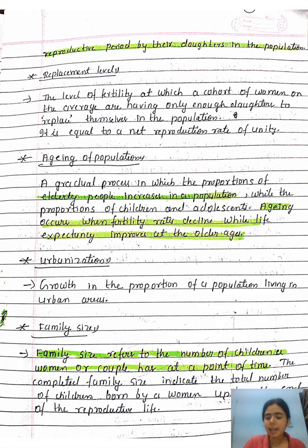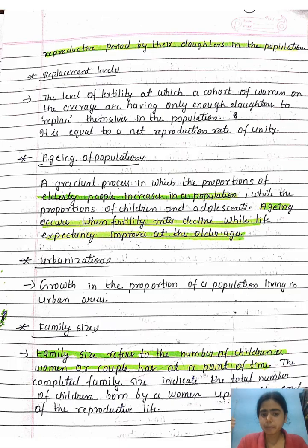Aging population. We have read in many newspapers the news that the elderly population in Japan is very high. India's population is a young population, and Japan and some European countries are facing this issue of aging population.